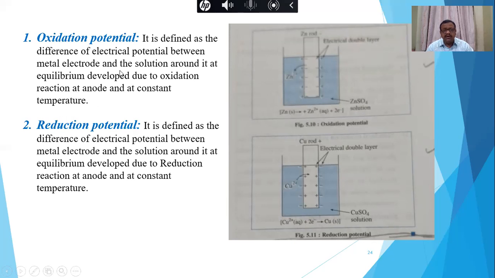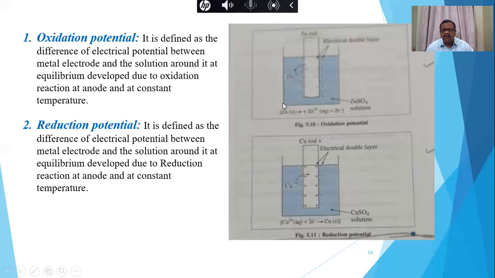I repeat again, oxidation potential is defined as the difference of electrical potential between a metal electrode and the solution around it at equilibrium developed due to oxidation reaction at anode at constant temperature.